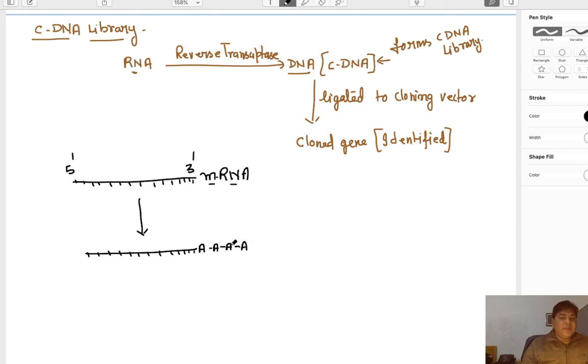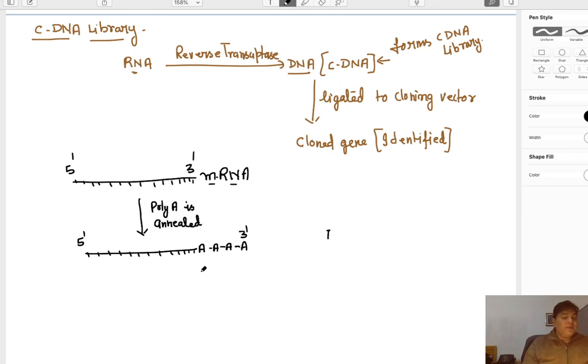So these adenine molecules are annealed at the 3' end of this mRNA. Alright, this is called poly A. We have annealed poly A at the 3' end.